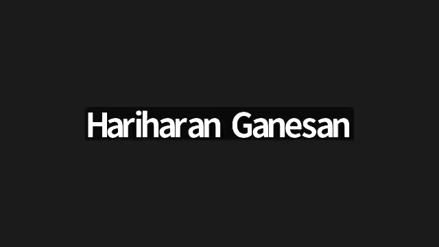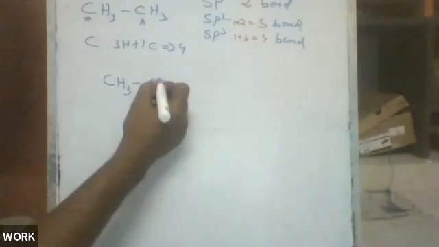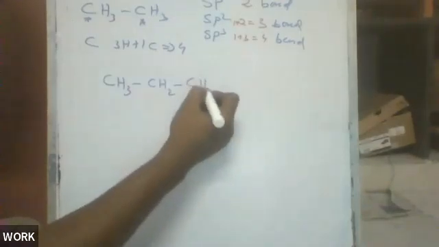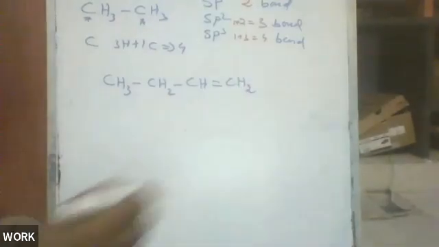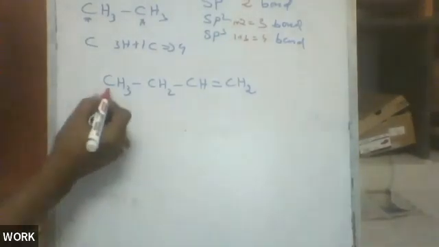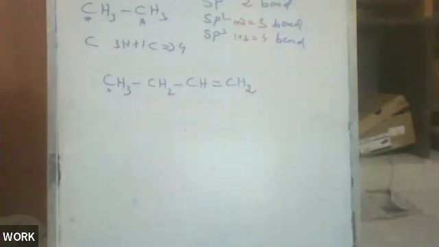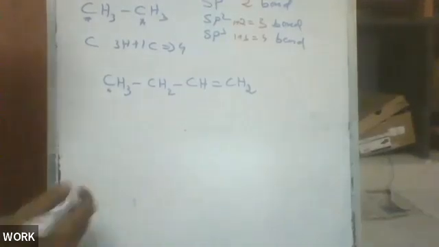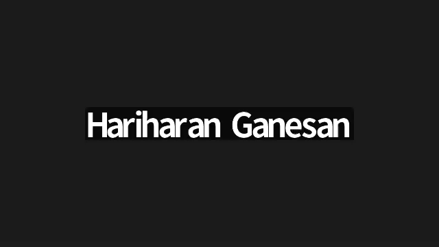Now I will write CH3, CH2, CH double bond CH2. Now you tell me what is the hybridization of this carbon? First one. Tell me what is the hybridization of the first one? sp2, sir. sp3, sir.